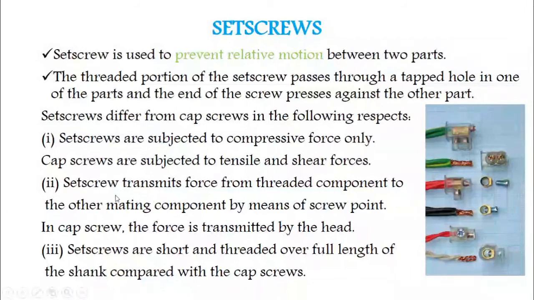Second, set screws transmit force from one component to the other mating component by means of the screw point. In a cap screw, the force is transmitted by the head of the bolt. And third, set screws are short and threaded over the full length of the shank compared with cap screws.